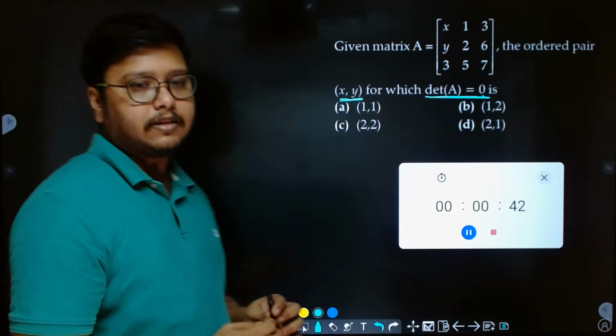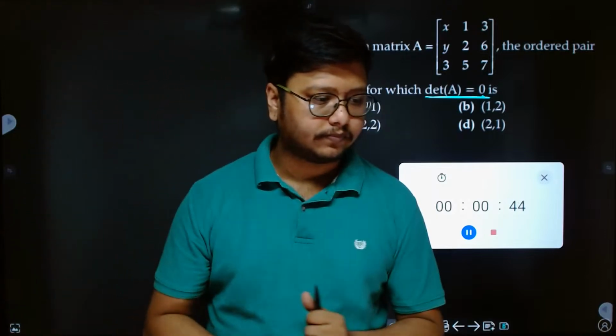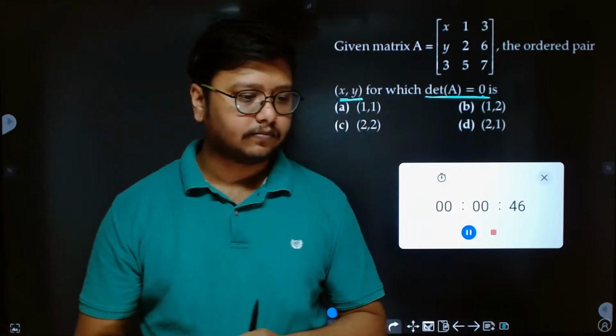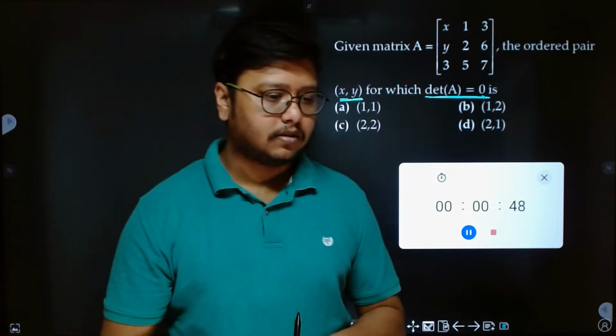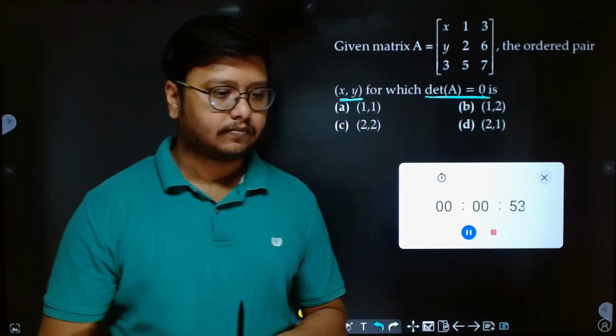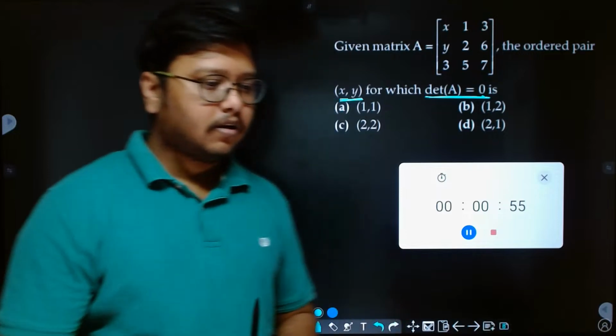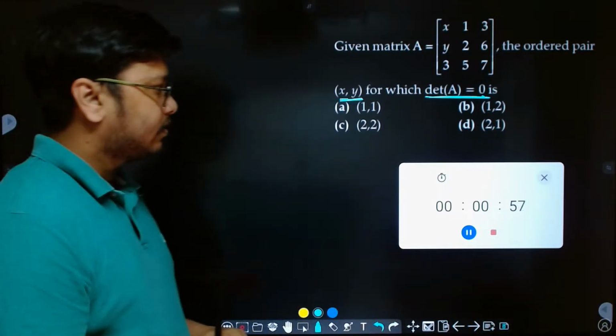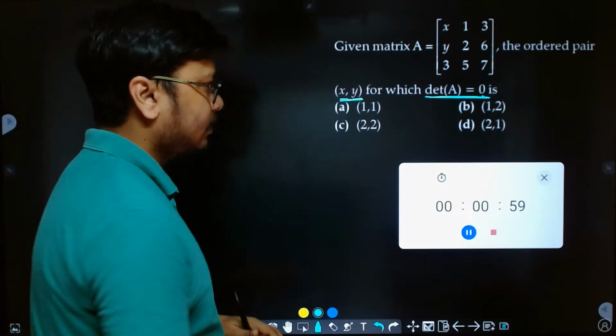Let's see who else can solve this. All right, so we are getting option B, right?